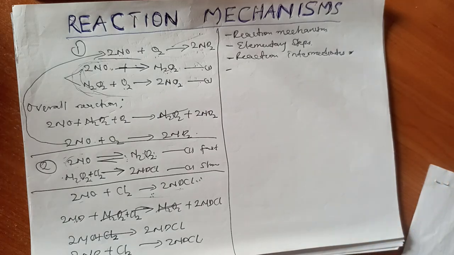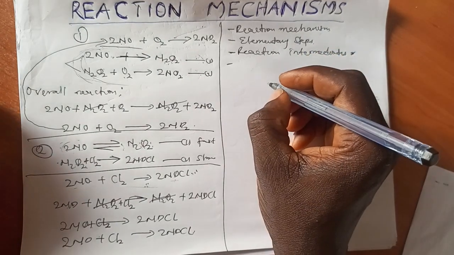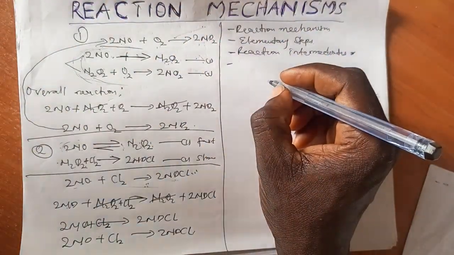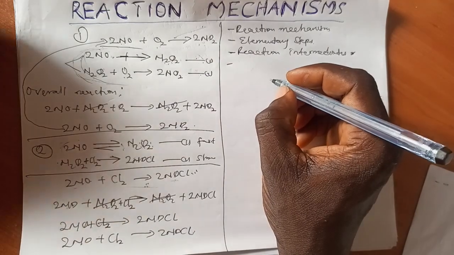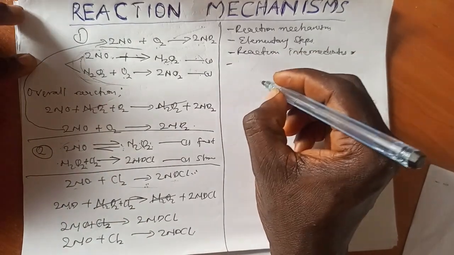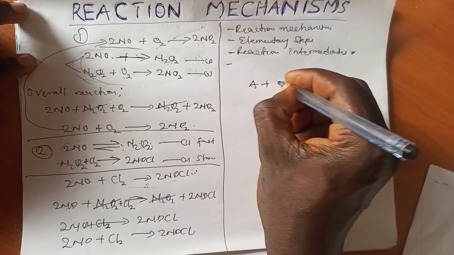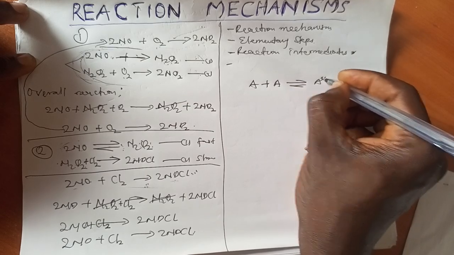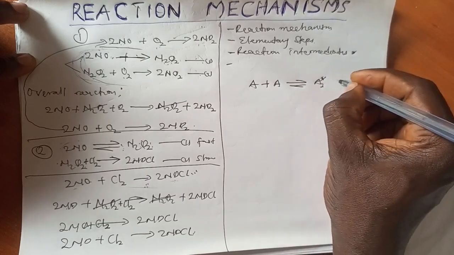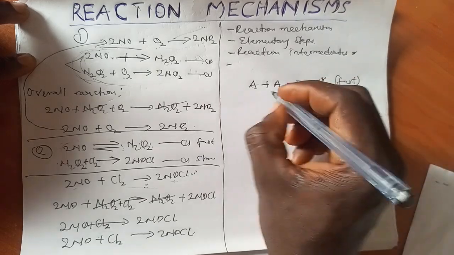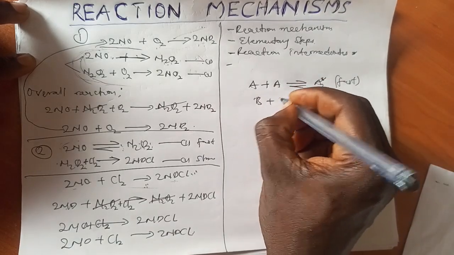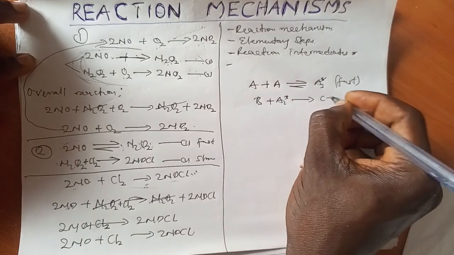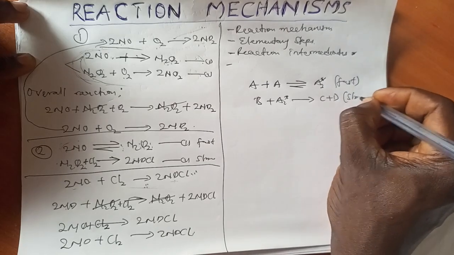They are both correct. If you look at this reaction, for example, I have this mechanism of reaction: A2 produces A2 star as the fast step, and I have another one, B plus A2 star, to give me C plus D as the slow process.